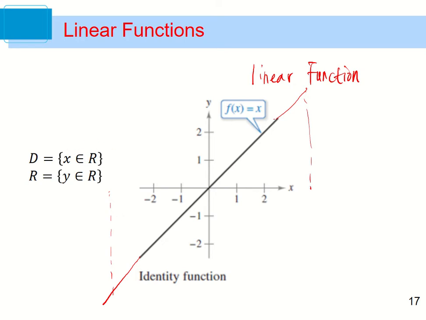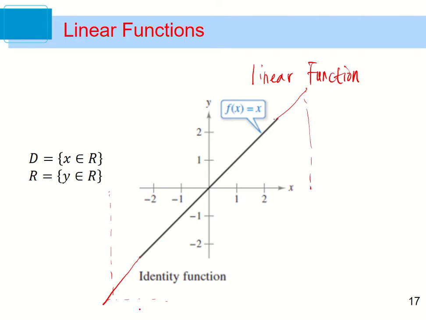Now, how about the y? What is the lowest value of y? The lowest value of y can be any point here. Since the input is not defined, it can be any value.